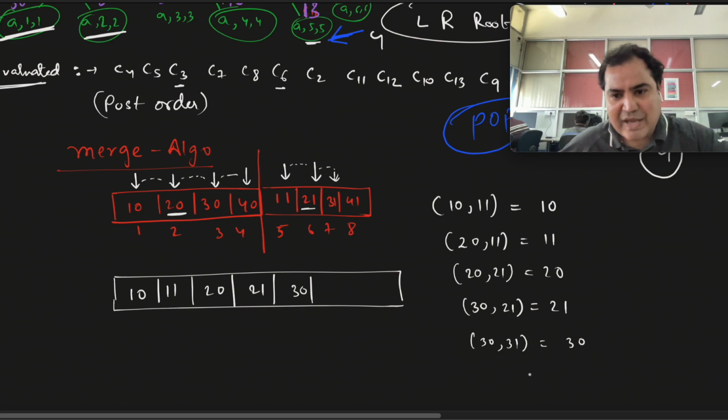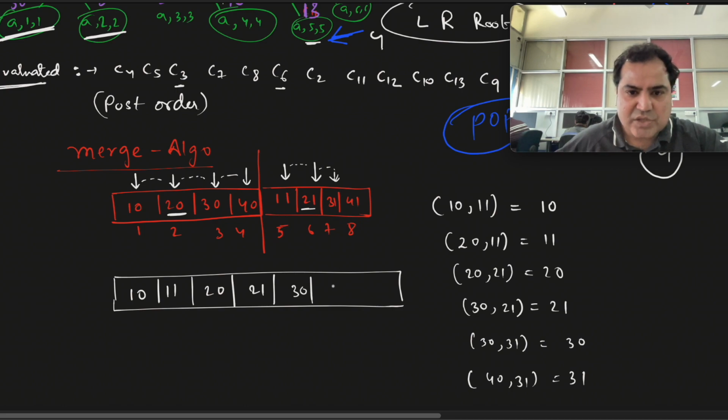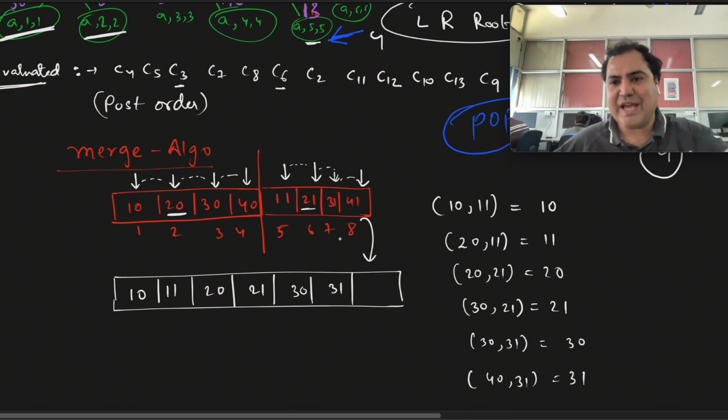Now we have to compare 40 with 31. 31 is smaller, so 31 is getting stored, and this pointer moves further. Now this subarray is finished. What we have to do after that is just copy the remaining array, whichever is remaining, because it is already sorted.